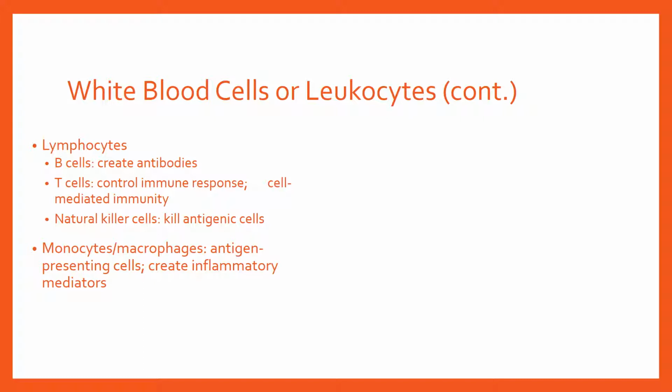The role of monocytes and macrophages is important because they are antigen presenting cells, and they are somewhat a different type of cell from granulocytes and agranulocytes because of their long survival rate and their ability to present antigens to T cells.